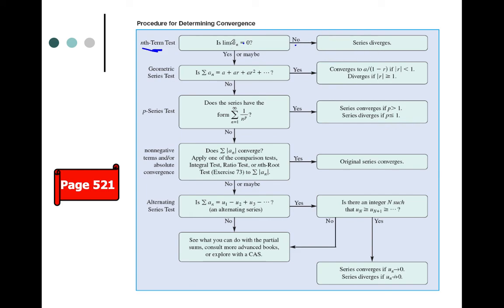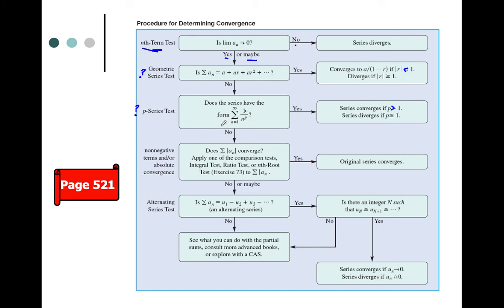If your terms do go to 0, yes, you may converge or you might not. Don't know. So what's the next thing you do? Think geometric. Is it geometric? For convergence, the absolute value of my common ratio needs to be less than 1. If it is not geometric, is it a p-series? Do I have something that looks like 1 over n to the p? Yes, I do. The series converges if that power is greater than 1.